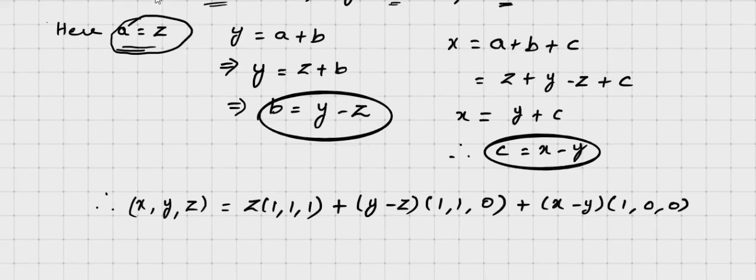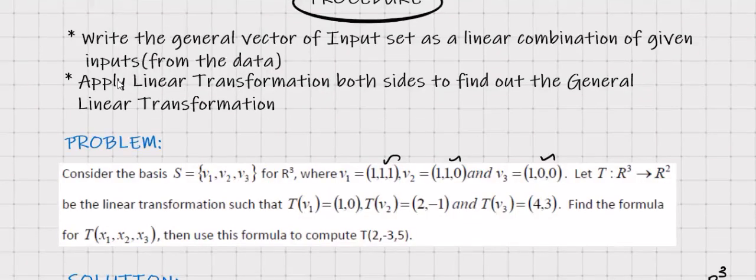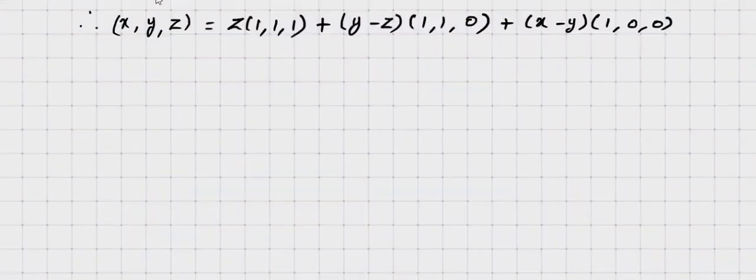See the next step. The next step is, we have to apply linear transformation on both the sides in the resultant to find out the general linear transformation. Let us apply that. See what happens when we apply linear transformation on both the sides. That is, I should apply simply T, right?